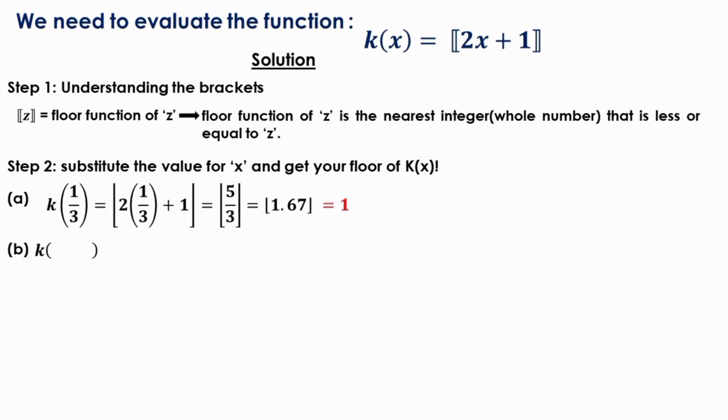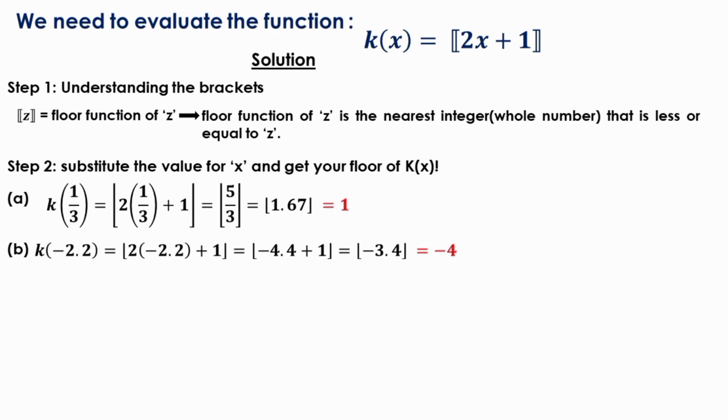The same thing goes for B. We are given x as minus 2.2. When we insert it, we are going to have the floor of minus 3.4, which is minus 4. When you come to the negative side, minus 3 is greater than minus 4, 0 is greater than minus 1, and minus 1 is greater than minus 2.